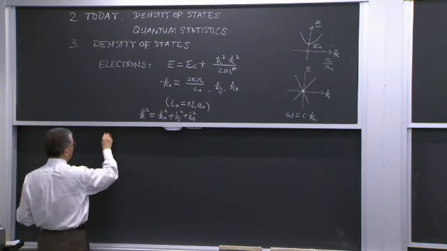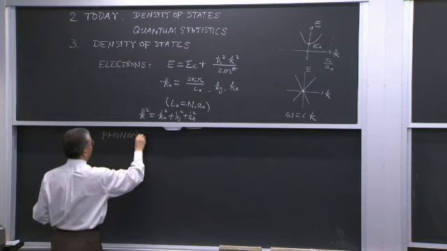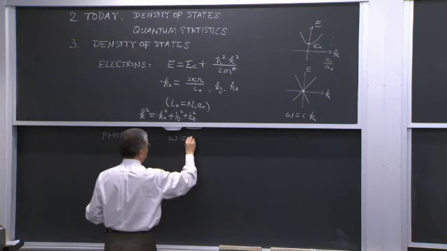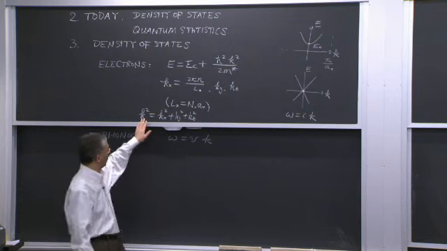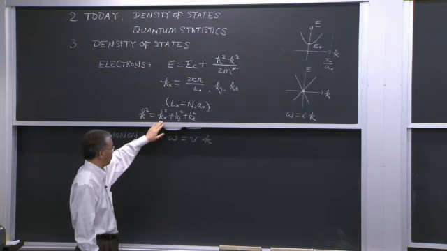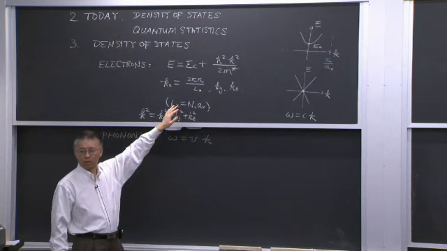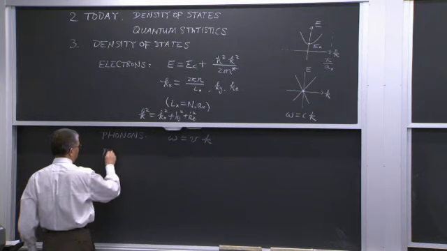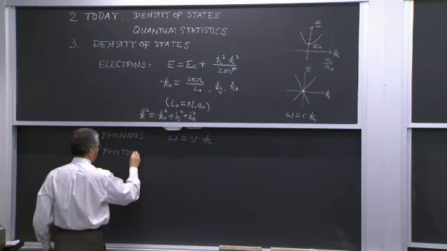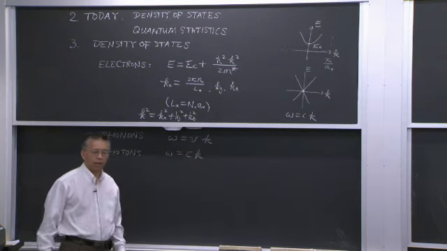And for phonons, we already said omega equals vk. That's the Debye approximation. And k, that's the wave vector for the phonon. But again, based on the discussion we have, those are allowable values, right? And for photons, omega equals ck, like I just wrote down.